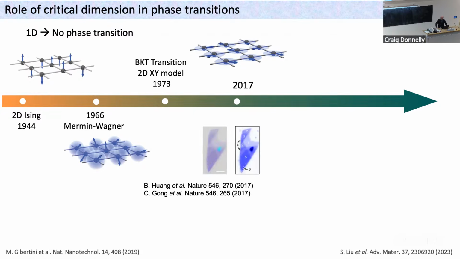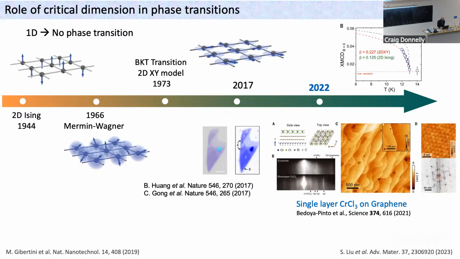Well, I mentioned 2017 was when the first monolayer van der Waals systems which become ferromagnetic were found. And then this is our own work. This is a paper we published in Science a few years ago in 2021. And we found we could grow by molecular beam epitaxy a single layer of chromium chloride, CrCl3. Before I mentioned chromium iodide, CrI3, which is magnetized perpendicular, this material is magnetized in plane, but there's no anisotropy.